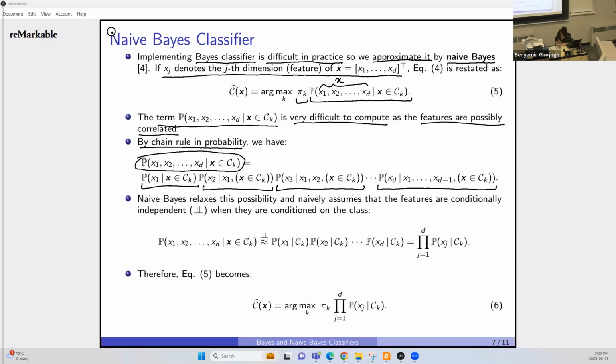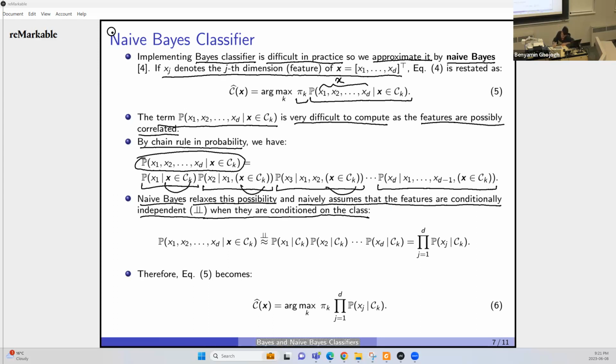What does naive Bayes do? It relaxes this and naively assumes that the features are conditionally independent when conditioned on the class. Why do we say naively? Because it knows that it's wrong, but it makes this assumption anyway. All of these are conditioned on the class, right?